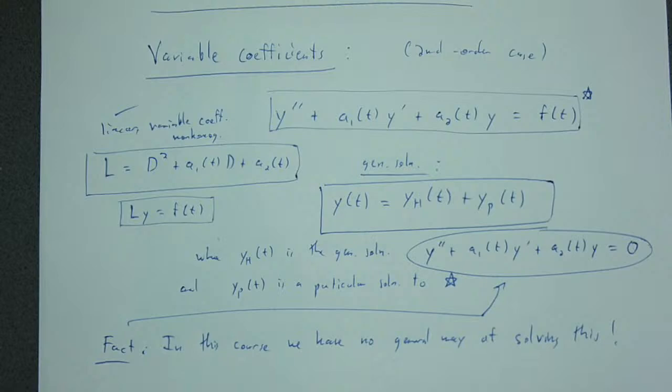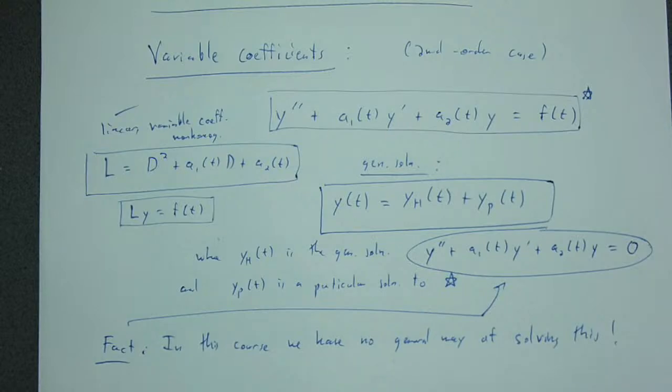It's not just that we'll get to it eventually; it's because there's not one. This has to be of a very special form for there to exist general ways of dealing with it. For instance, if both of these are just constants, then we know how to do it.